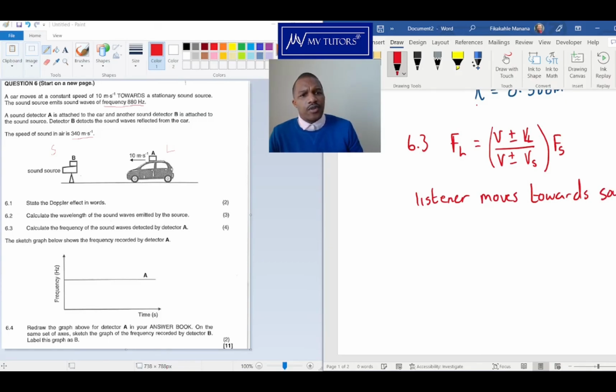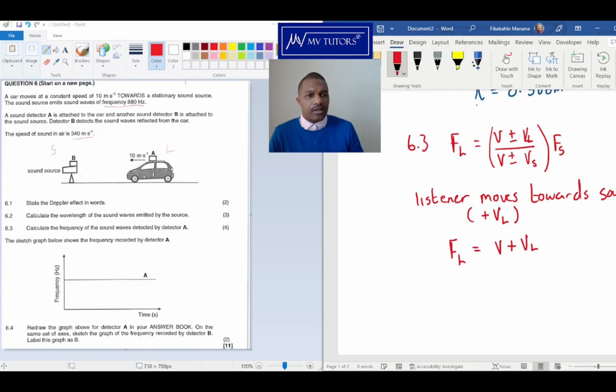And what we know is that if a listener moves towards the source, then we must add vL. Therefore, our final formula will be v plus vL.